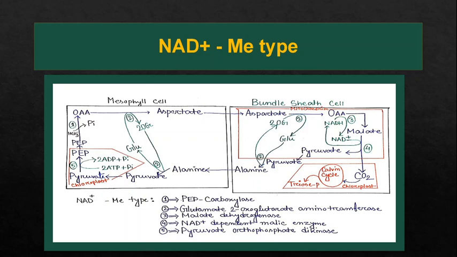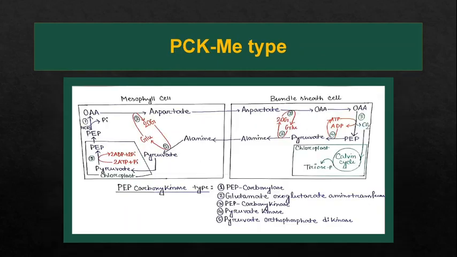And the pyruvic acid now passes from the cytoplasm of mesophyll cells to the chloroplast of mesophyll cells, where it is converted into phosphoenol pyruvate or PEP, and they utilize 2 ATP molecules for their energy.